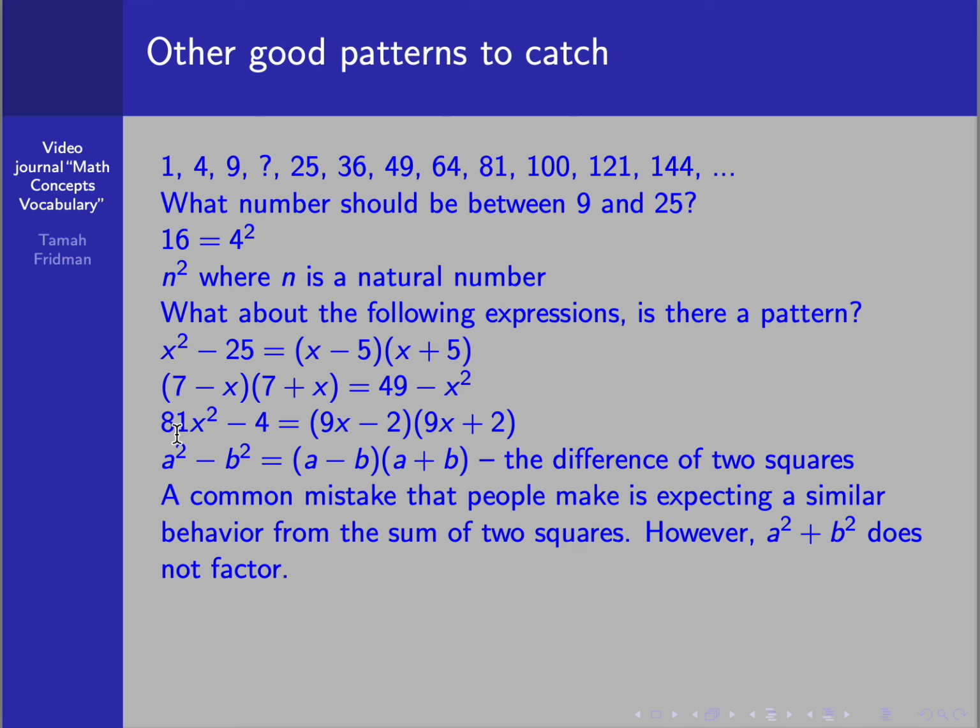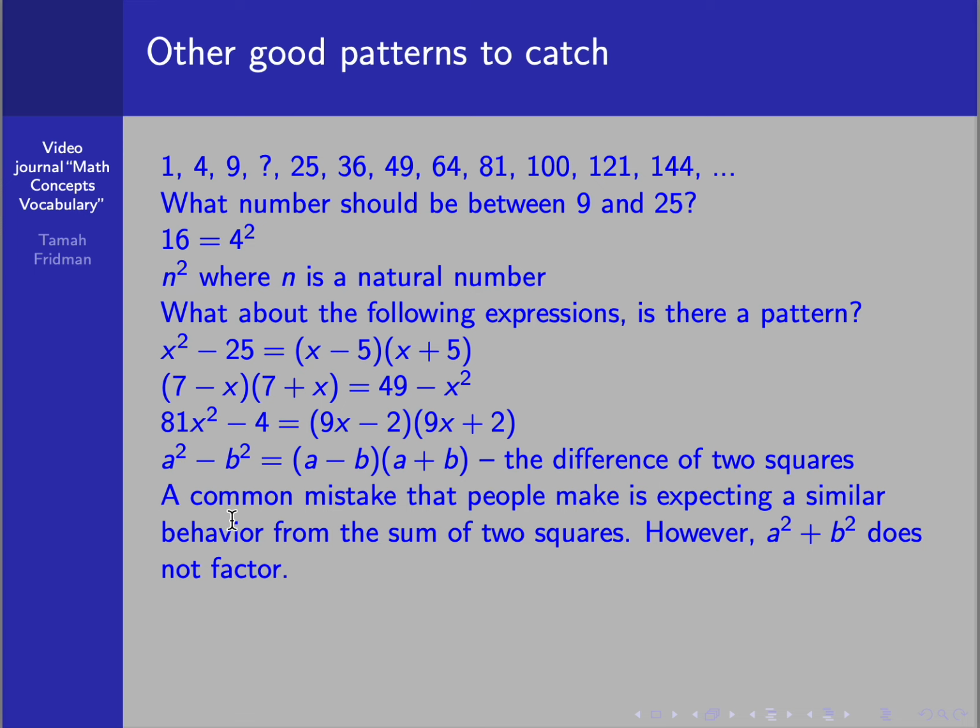Note also that a common error in factoring these two squares is to forget that this number is also a square, right? So 81x squared is actually 9x squared. So a is 9x, not 81x, right?